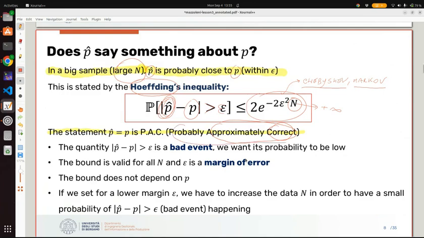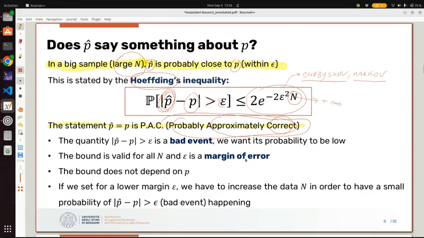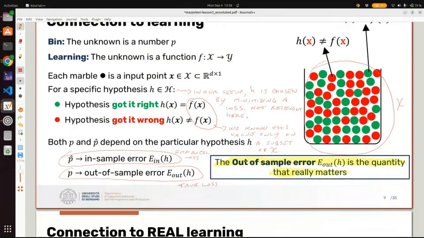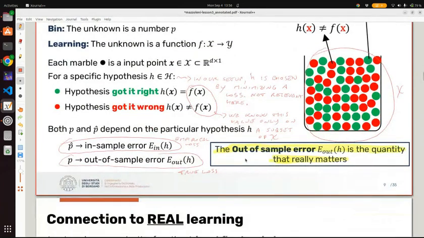So these kinds of statements are what are known as PAC statements, probably approximately correct statements. This is what I was trying to tell you last time. Okay, and here there are other nice things on generalization, the in-sample and out-of-sample error, but let's go on.